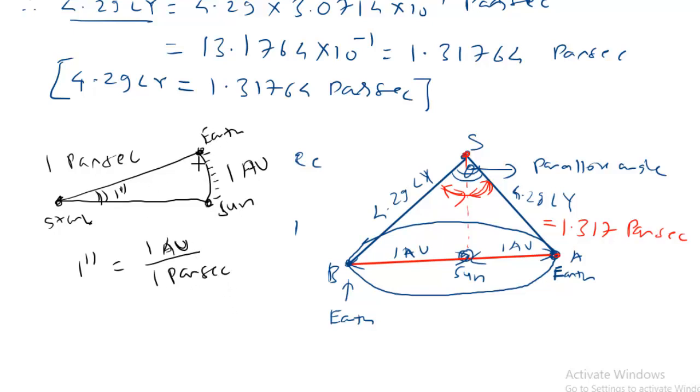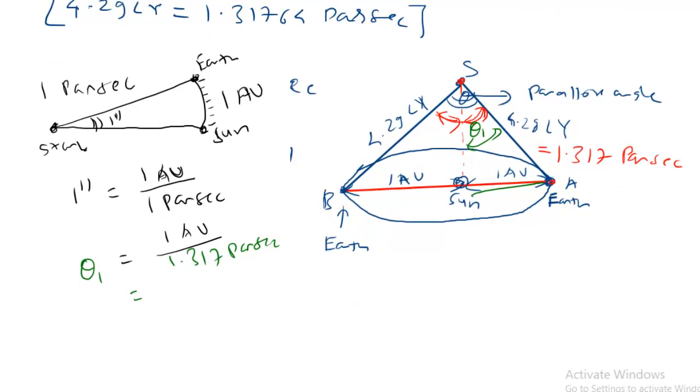That means the length of arc divided by the length of radius. Now in our question, 1 AU, which is this distance, is divided by 1.317 parsec.